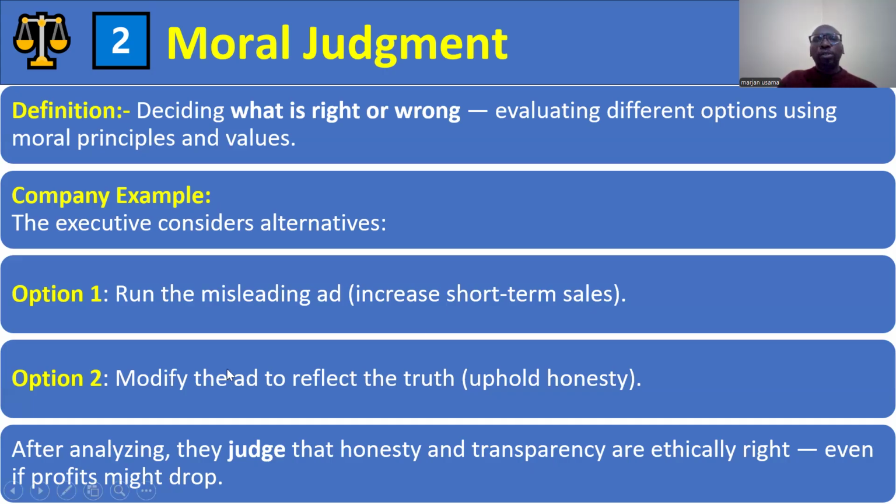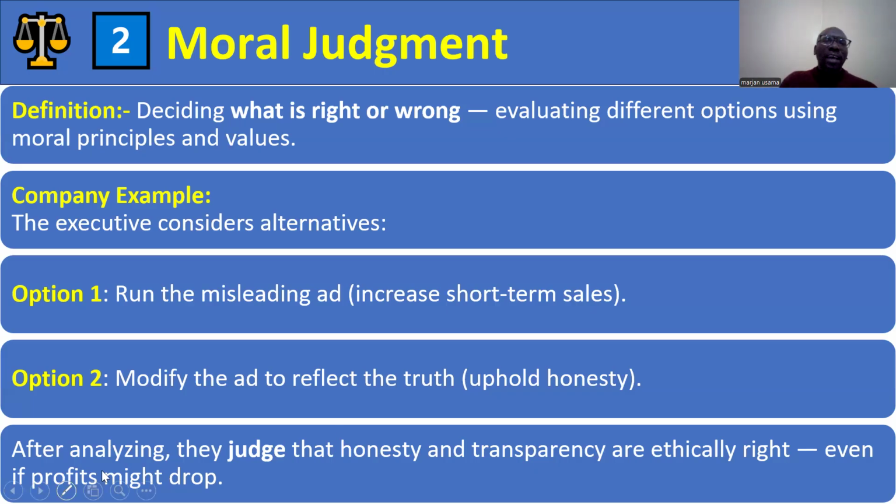We need to tell people that this product has 1, 2, and 3 because we will get more sales. Or option number 2, to modify the advertisement to reflect the truth. That is to uphold honesty. So here, the manager has to choose either, let us continue doing the bad thing, or let us modify our initial advertisement to reflect good values.